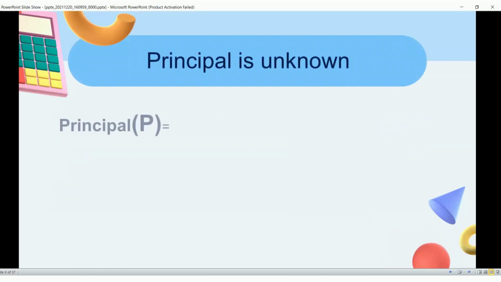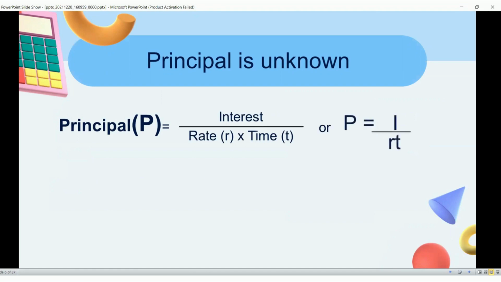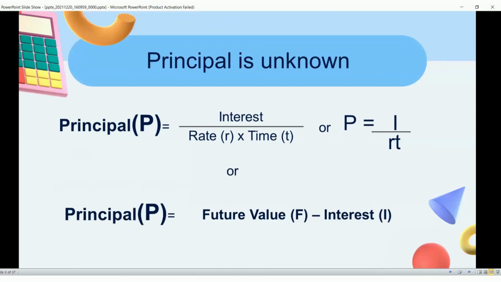Next, principal is unknown. Ito lang yung mga formula nila. Principal P is equal to interest over rate R times time T, or P is equal to I over RT. Or principal P is equal to future value F minus interest. So, gagamitin na natin ito kapag given ang ating future value, tapos meron na rin tayong interest. I-find na natin difference nila para makuha yung principal.